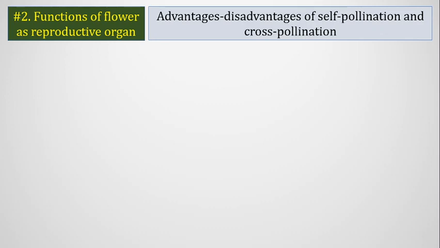And when the anther from one plant pollinates a flower of another plant, this is called cross-pollination. Now we will discuss the advantages and disadvantages.